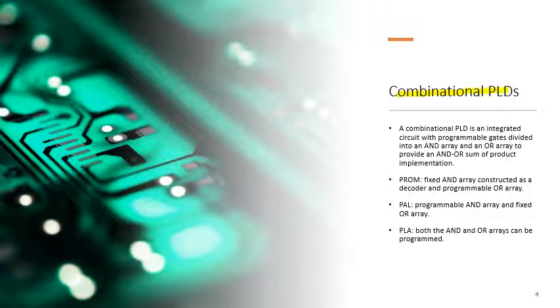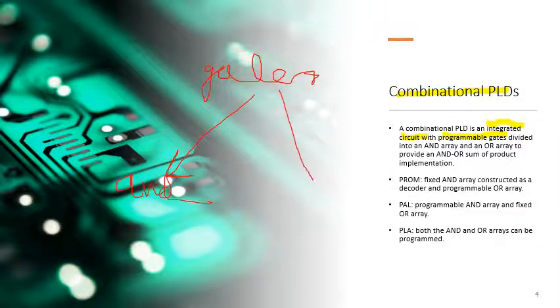Basically, these are devices that are integrated circuits. These integrated circuits have the speciality that they consist of programmable gates. These gates are basically divided into two arrays: we have the AND array and the OR array.